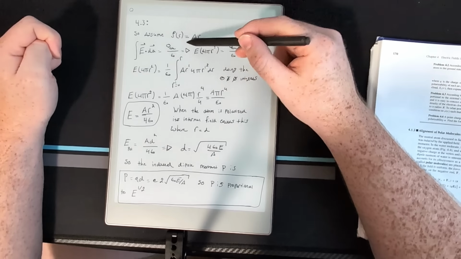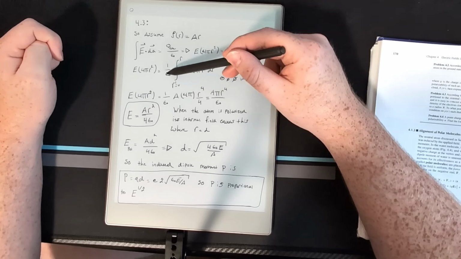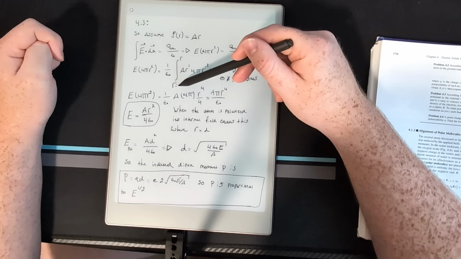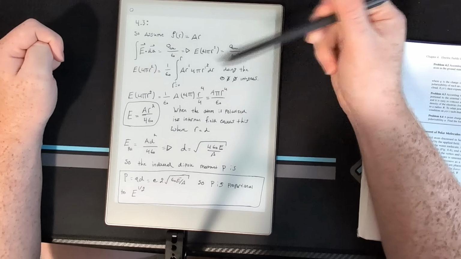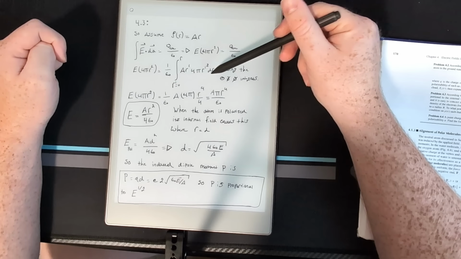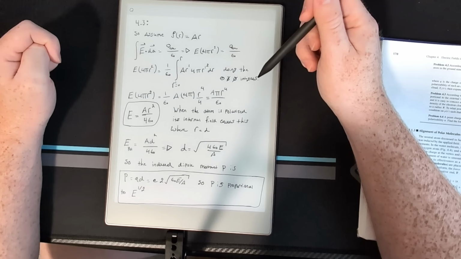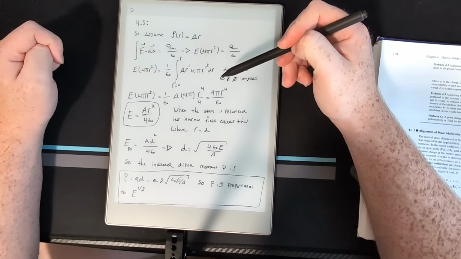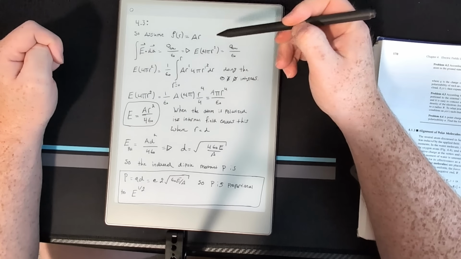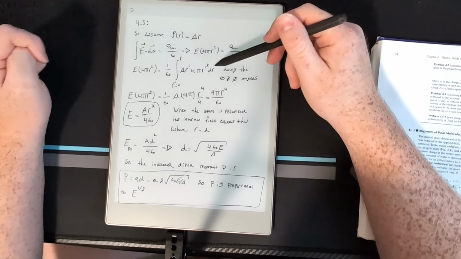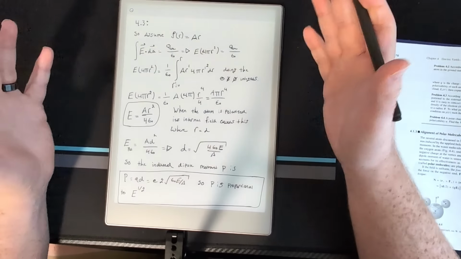So this is going to be equal to 1 over epsilon naught times the integral from r prime equals 0 to r of a r prime, and then d... Oh, I see. Okay, yeah, we have to integrate the volume.